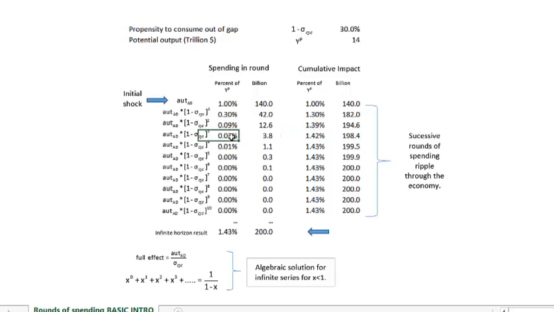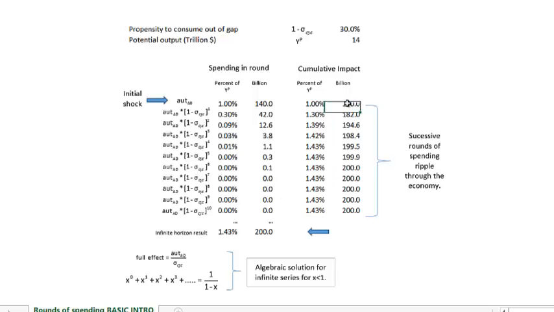In the fourth round, the impact was 0.03%, so the cumulative impact was 1.42%. And in the next round, the impact was 0.01%, so the cumulative impact would be 1.43%, and you'll notice that we level off here at 1.43%, and that's not a coincidence. I'll be explaining that in a second.